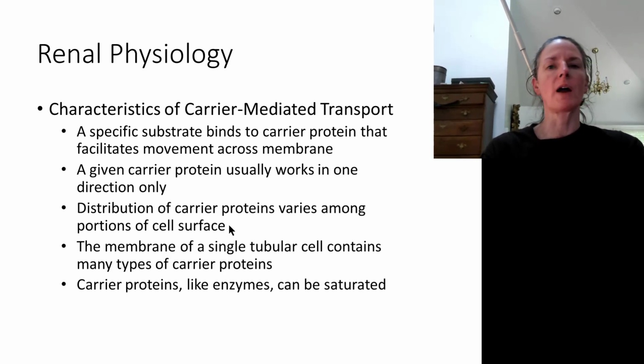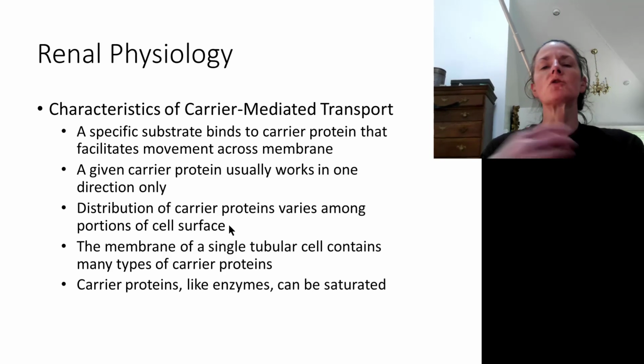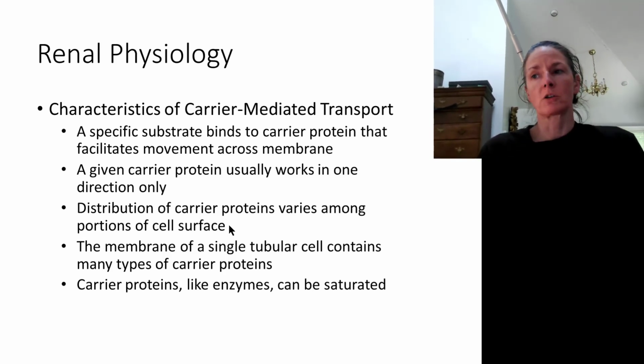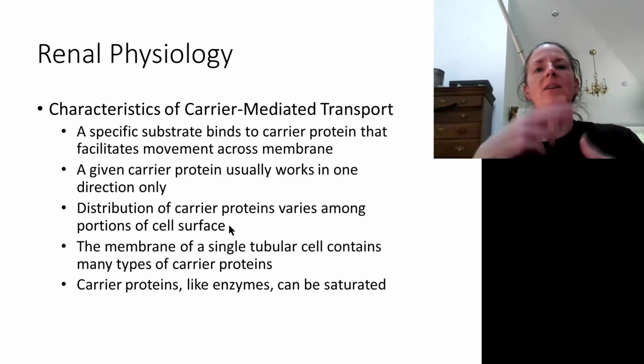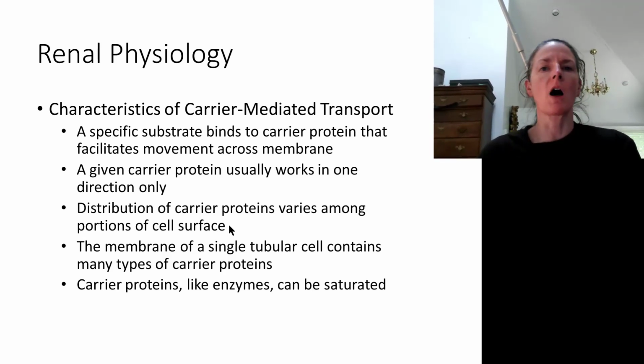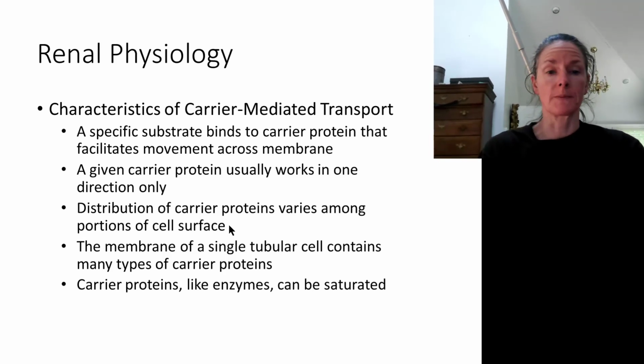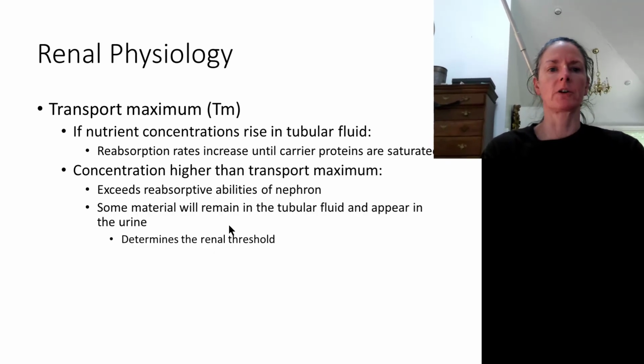And this is exactly what happens in diabetes. We have so much glucose in blood plasma that our glucose transporters that reabsorb that glucose get saturated, and we can't make them work any faster. And so a lot of that glucose gets excreted in urine. So we've got basically a transport maximum.